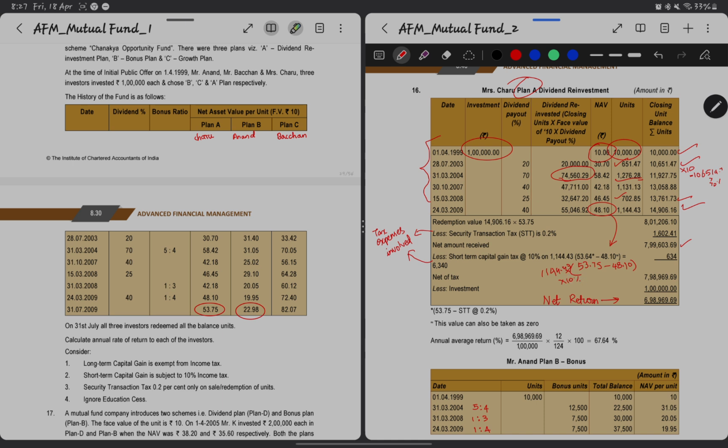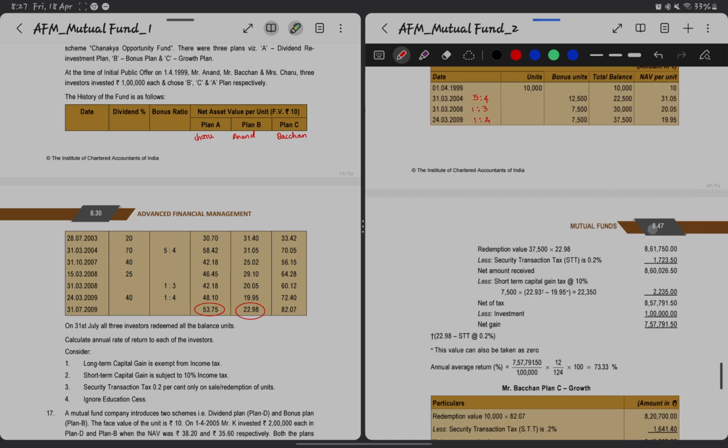But if we see clearly that they have given these assumptions, only these assumptions have to be followed. They didn't specifically mention that short-term capital gain is not allowed as an expense like that. But anyway, they've given an alternative solution also.